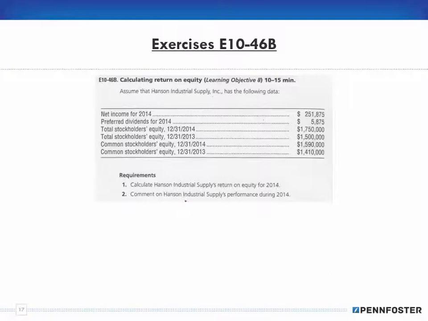Then comment on the performance during 2014. So our return on equity is our net income over our average stockholders' equity.